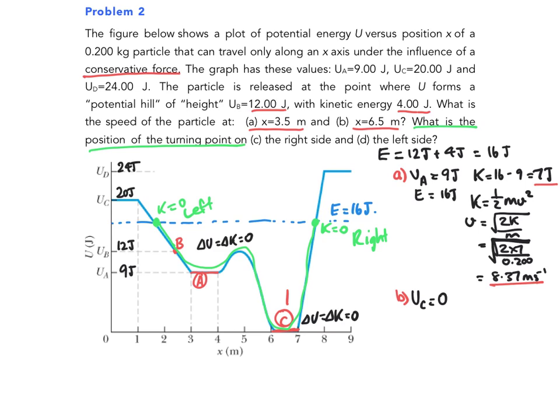So the potential energy at the bottom of that well in this area is 0. So therefore, all the energy must be in the kinetic energy, so 16 joules. We can use the same expression, root 2K on m. To find that, we just go root 2 times 16, divided by 0.200, and that comes out to be 12.6 meters per second.